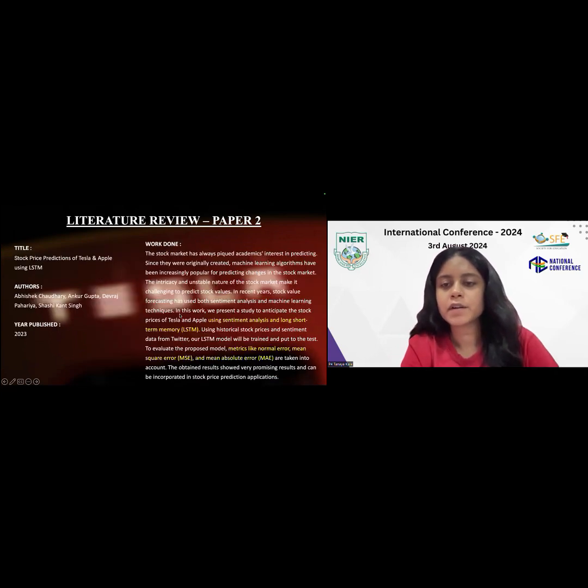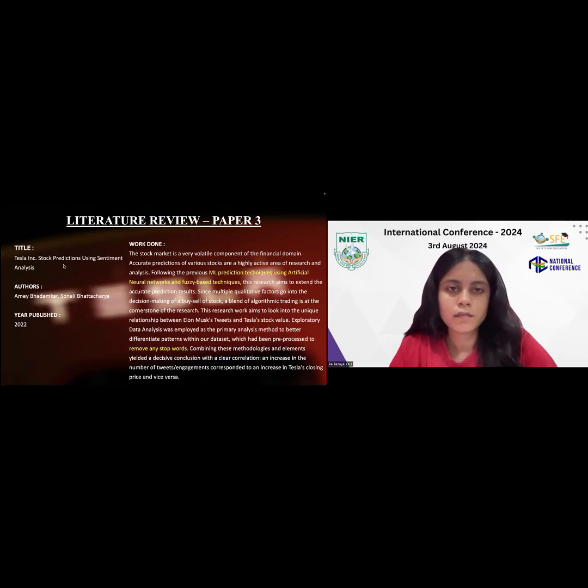Then in the second paper, they have done sentiment analysis and used long short-term memory. They have used historical data of the stock prices and applied metrics like normal error, mean square error, and mean absolute error. Then in the third paper, the authors have used machine learning prediction techniques using ANN and fuzzy-based techniques.